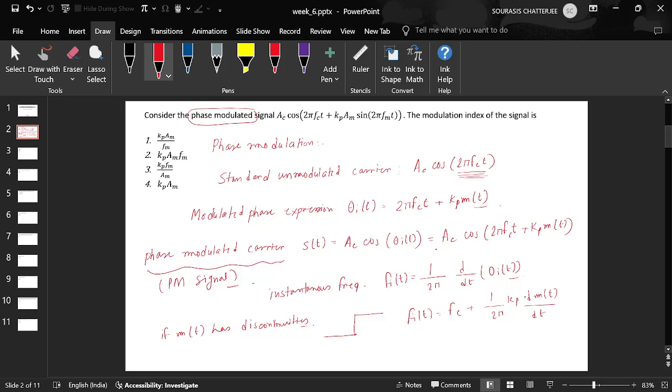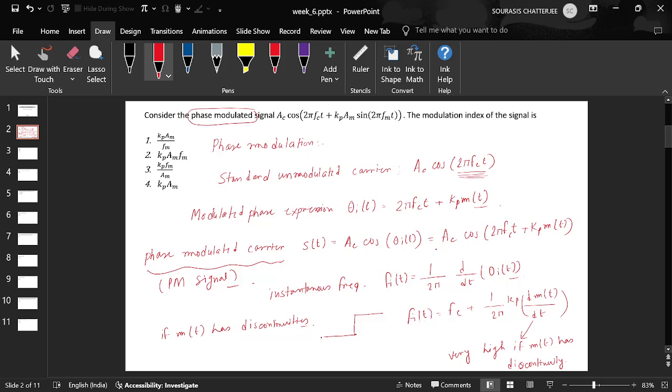If m(t) has discontinuity, this value here is going to be very high. Why is that? You can see that m(t) changes rapidly here. d/dt of m(t) is nothing but the rate of change, a measure of the rate of change of the message signal, and at this point m(t) changes rapidly, so this value is going to be very high, and this is nothing but the expression of instantaneous frequency.